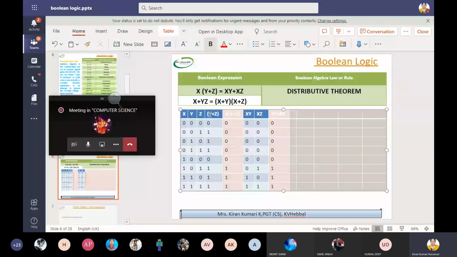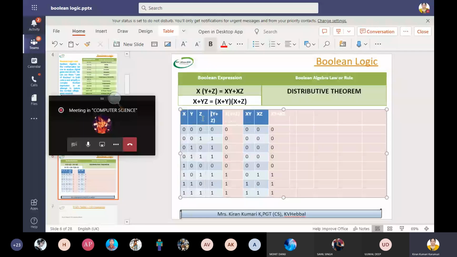Finish quickly. See, this type of questions will come in the examination, children, compulsory. That's what I am giving you time to solve. See, now in the previous class, I taught you how to, and now also I taught you one question, one part of the distributive theorem, right? Other part.